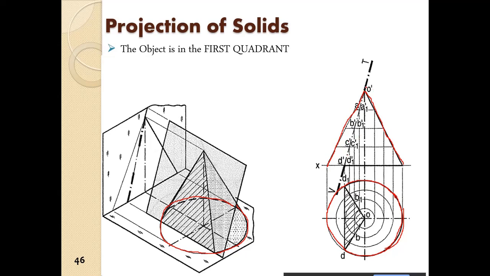Suppose we now draw the intersection plane. Now we have to get these points and these points. How do we get that? To do that, we first divide the cone along its length into some sections. Suppose we have divided the cone into 3 sections.